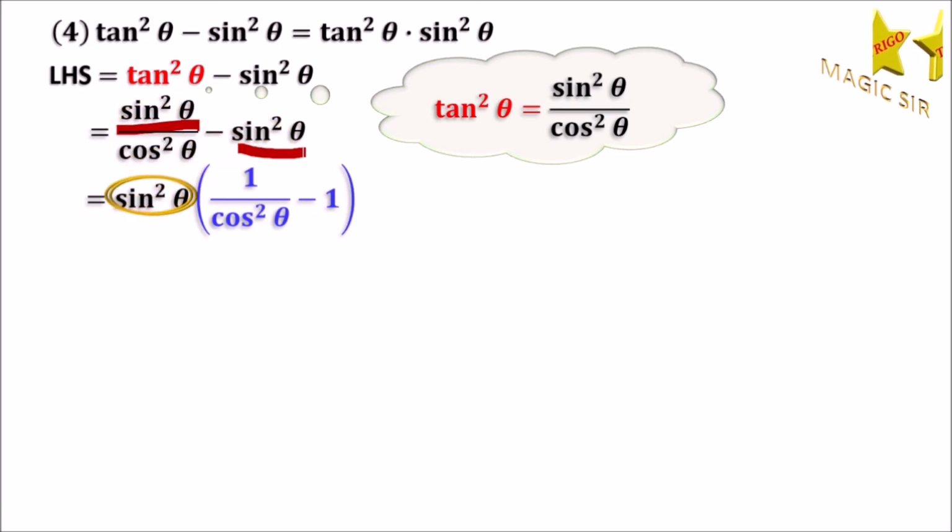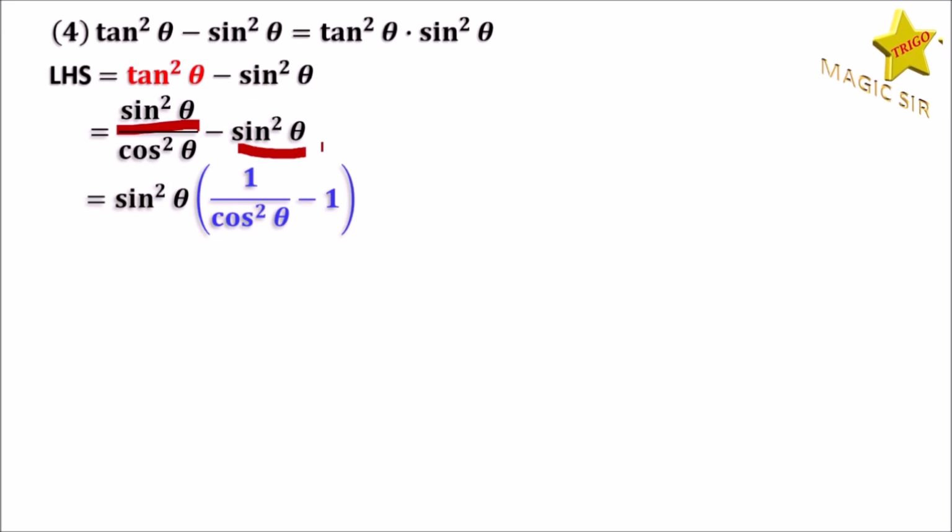Here we can observe that sin square theta is the common factor. Taking sin square theta common, we get LHS equal to sin square theta into bracket 1 upon cos square theta minus 1.